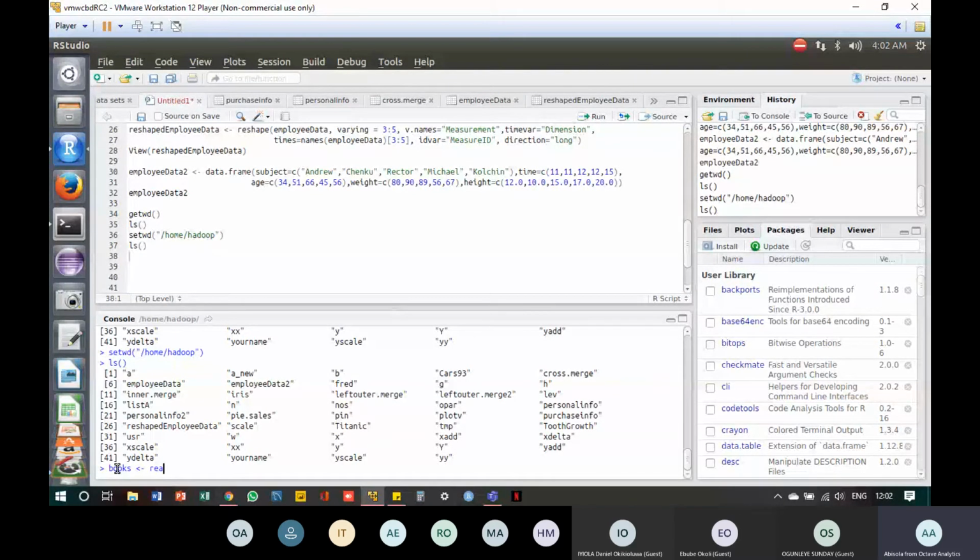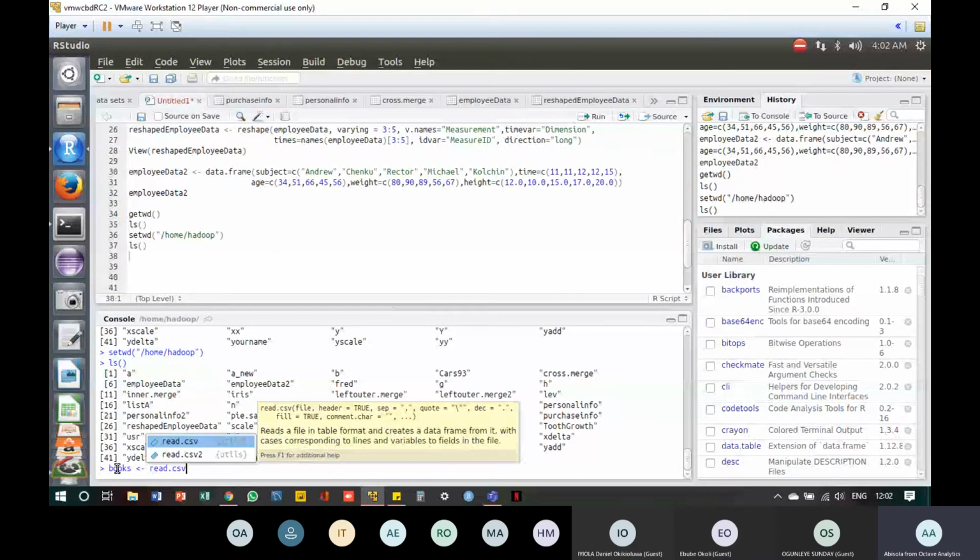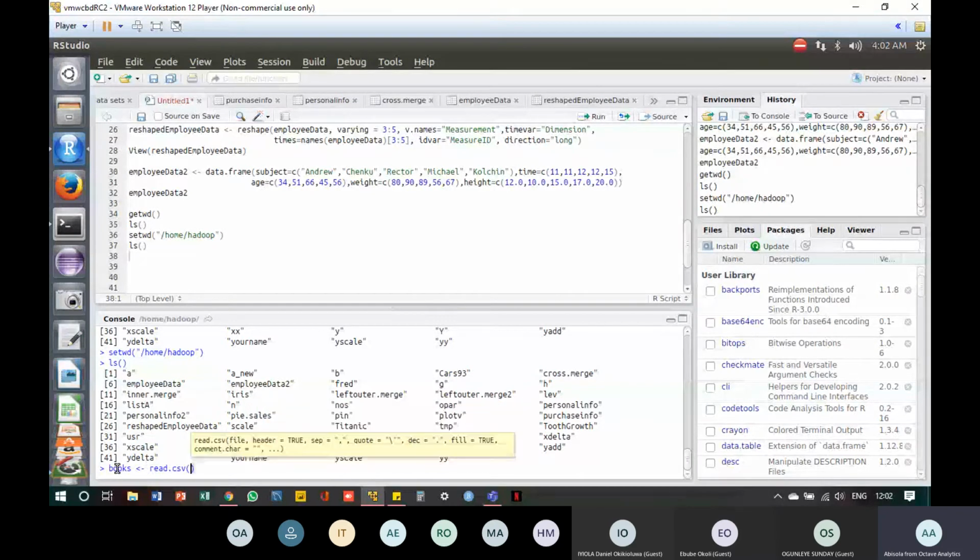So you can either navigate to home/Hadoop/dataset, or if you don't want to leave home/Hadoop, you can just put in dataset as a folder, then slash the name of the dataset you need to get. So CSV. And then I'm going to tell it to add the header. So header equals T, which is true.